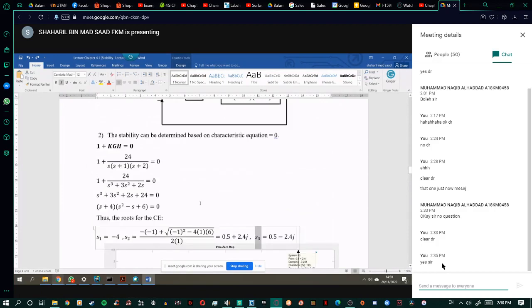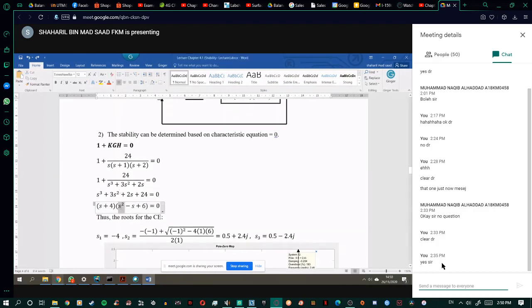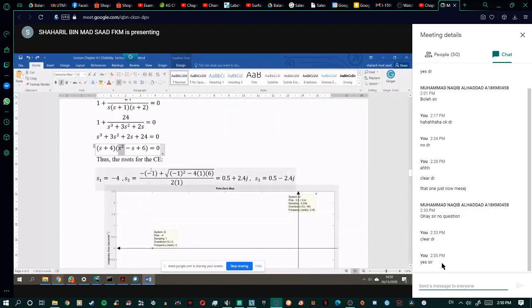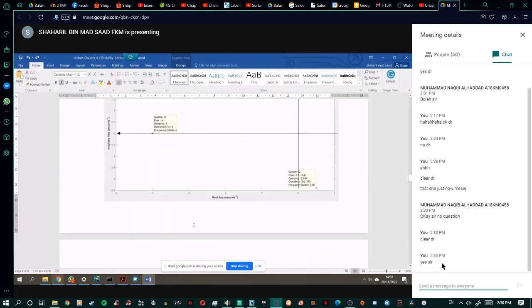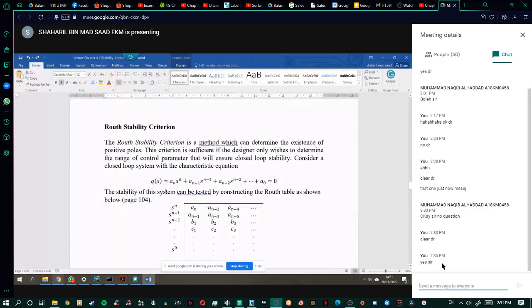But remember, this is only for a simple equation, for the power of 2. If you have a very complex order, you cannot apply this formula anymore. So what you can do is use the root stability criterion.